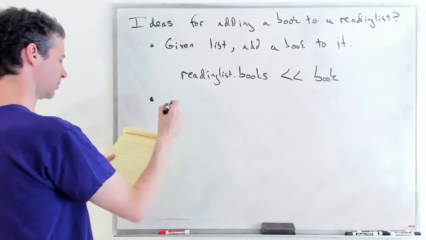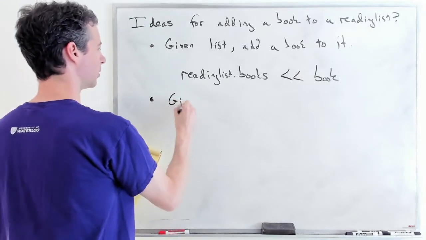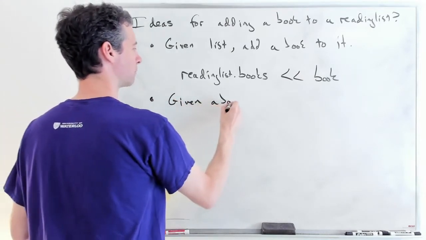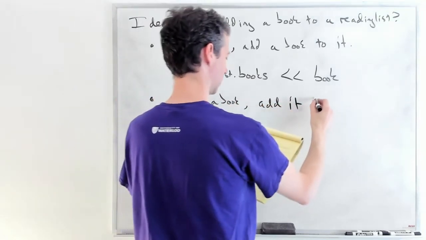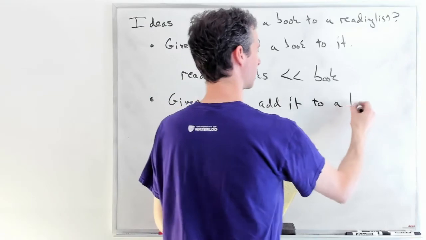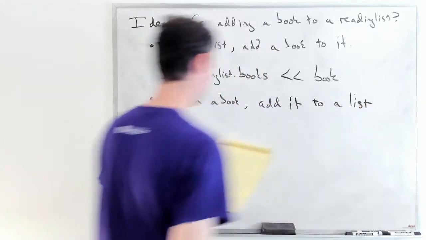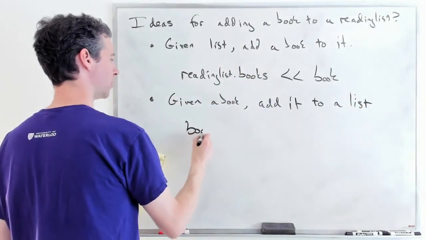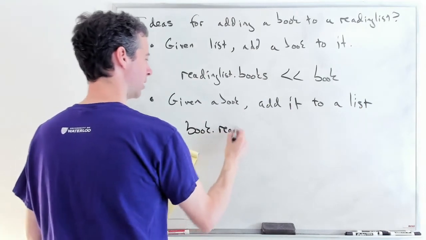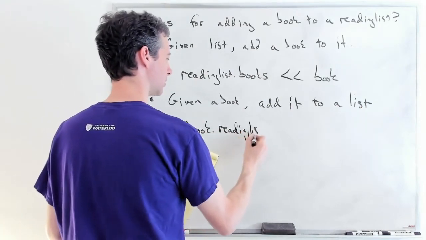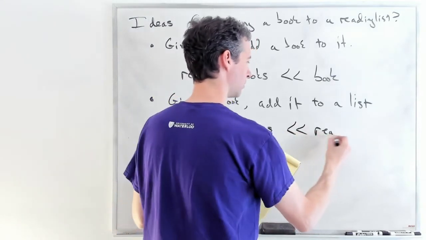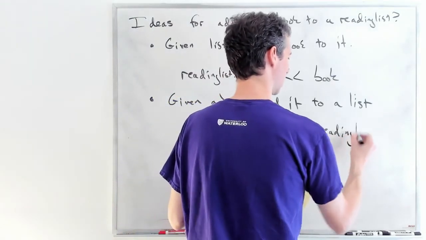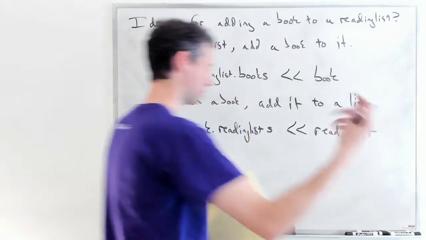Likewise, we could also think about it in terms of given a book, add it to a list. All right, so we might have a book. We can access the reading lists that it is on. And if we had another reading list in hand, we could do that.